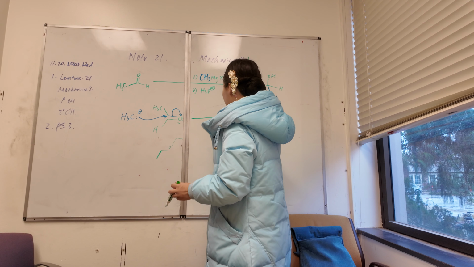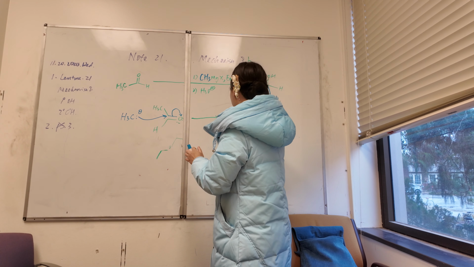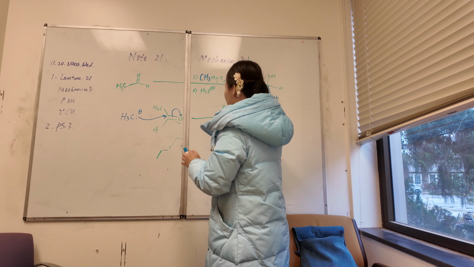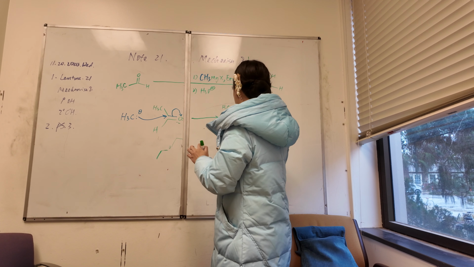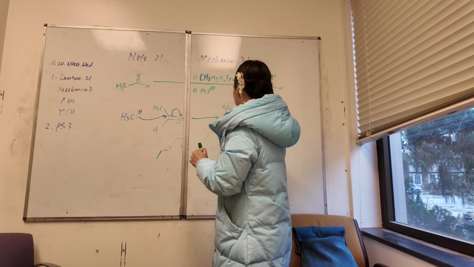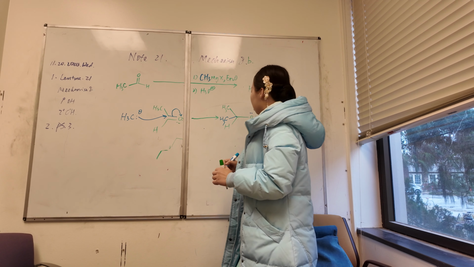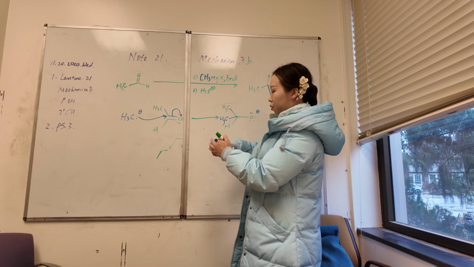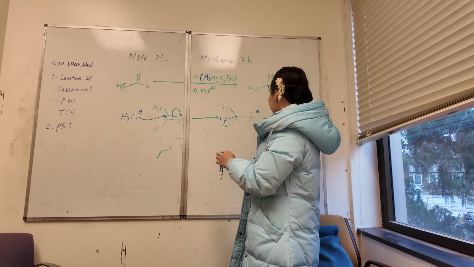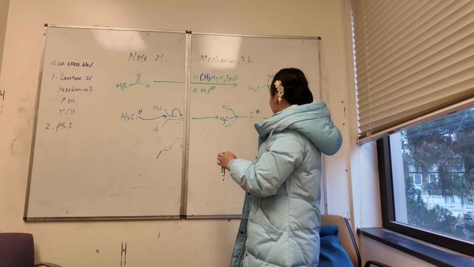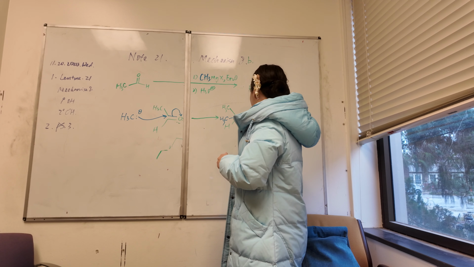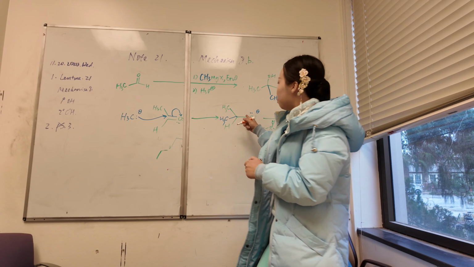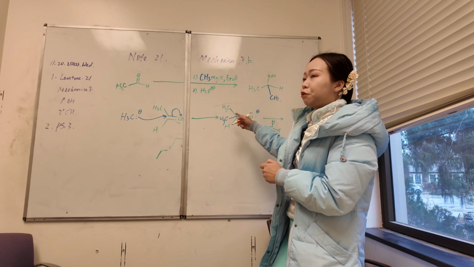Now what happens next? I'll rewrite the same thing. CH3, hydrogen, oxygen, negative, CH3. Okay, now it's step 2. In step 2, okay, another lone pair. It can be the same one, but I want to keep the color coding so you see where the electrons were from.